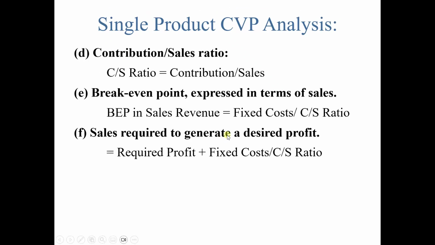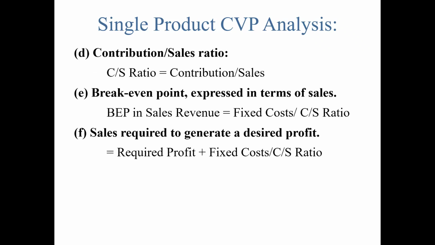The last one, my dear, is if I have a desired sales volume, then how many units should I produce to get this desired sales value? So let's see all of this, A, B, C, D, E, and F.